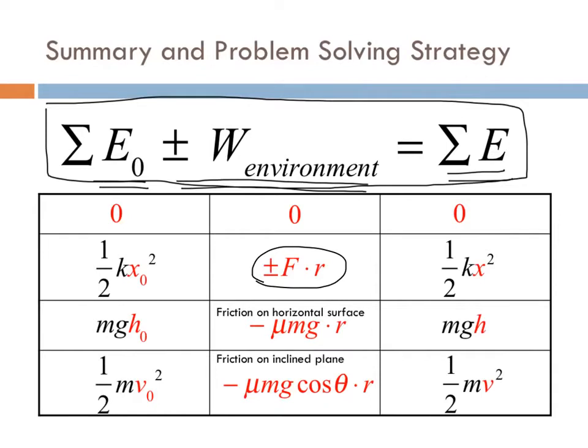A normal force is sometimes mg, sometimes mg cosine theta. So it's important to understand the difference. Okay. Remember that mu is our coefficient of friction, and mg was our force. And r, in this case, is the distance that friction travels over some path. Again, mu down here is our coefficient of friction, and mg cosine theta is our normal force.